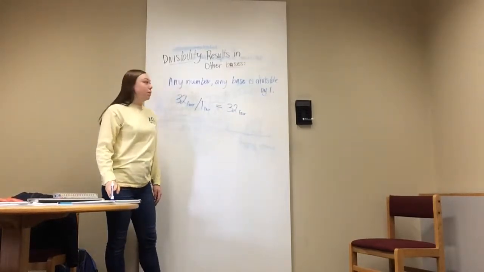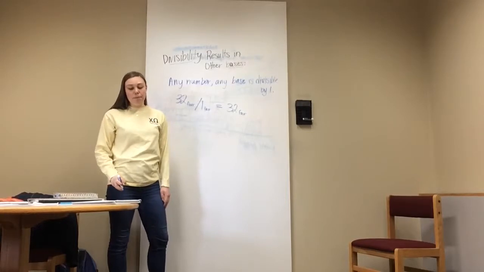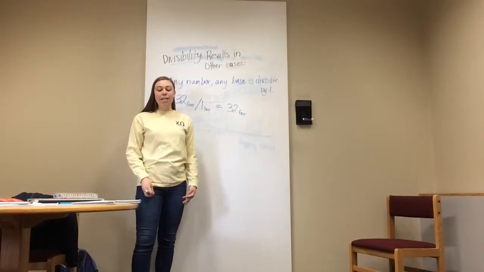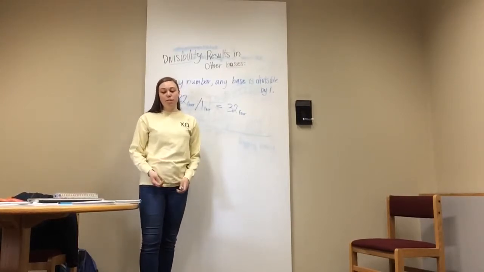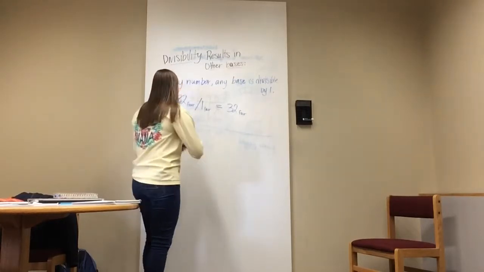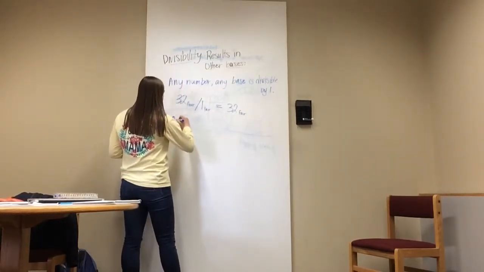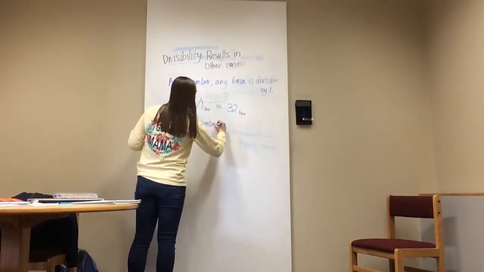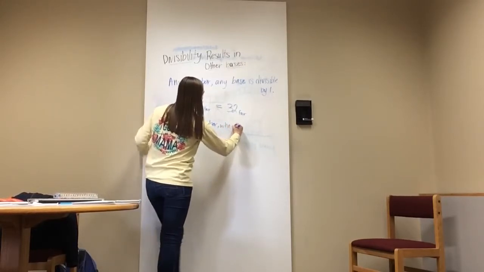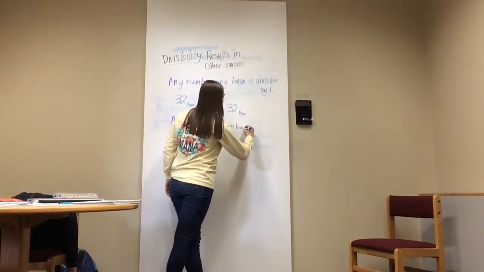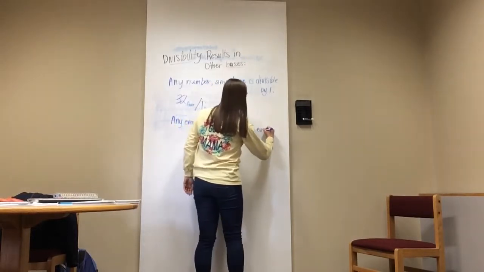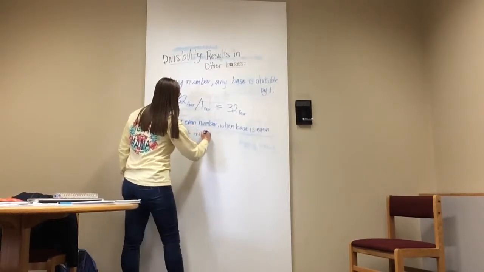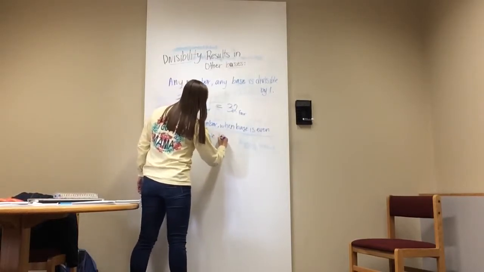Our second divisibility trick is how to know when a number is divisible by 2. The rule for this one is any even number, when working in an even base, is divisible by 2.